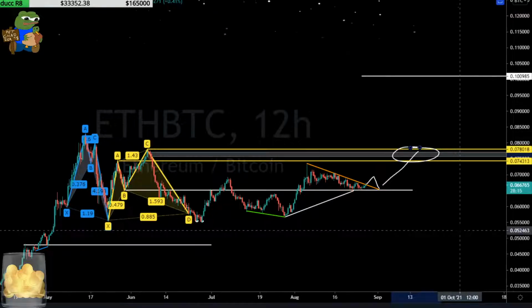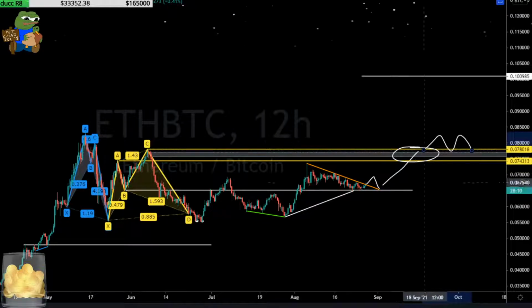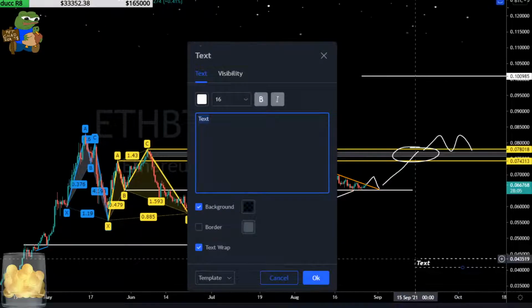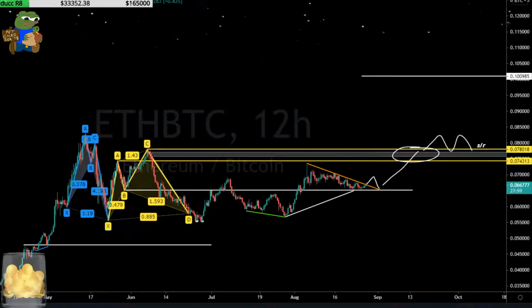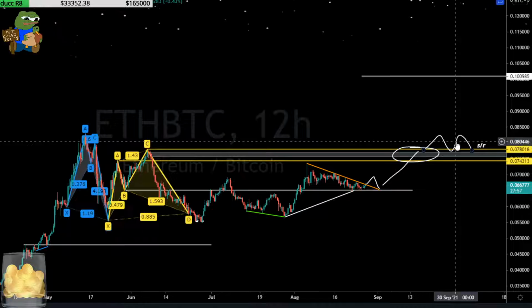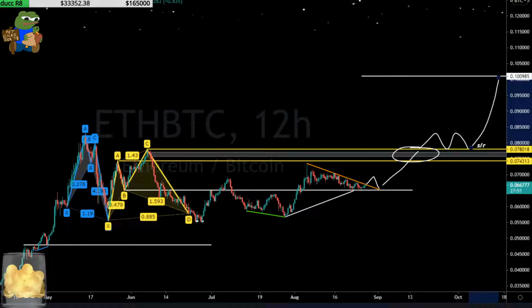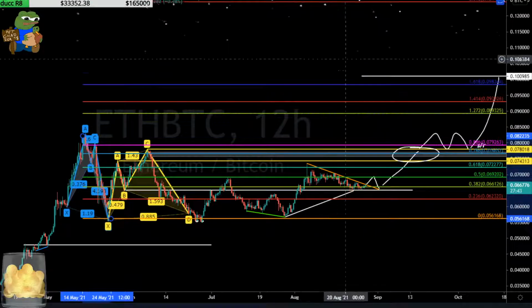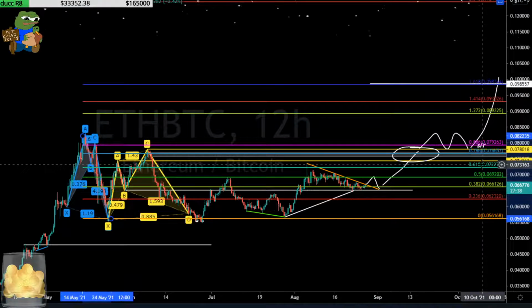For ETH to BTC, now if we could break above that and flip it, get our SR flip here, support resistance flip at this upper level at 0.078 basically, then we could see potential markup all the way up to this 0.1 area, and that's fibbing from the previous high to low, and up in that 0.1 area we have the 1.618 golden mean ratio, right?